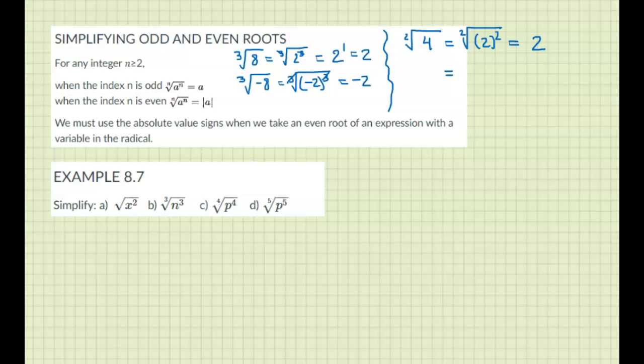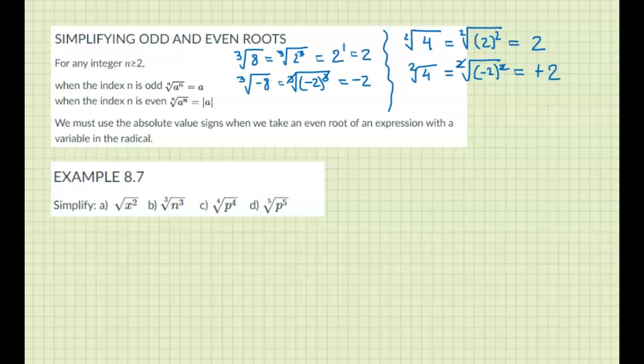But square root of 4, this 4 right here can also be written as parentheses negative 2 squared, because negative 2 squared is also positive 4. The answer is still positive 2, because we're still taking the square root of 4, which is positive 2. So we can get to the same answer from 2 different things. If this number is positive, then you get an answer of 2. But if that number is negative, you still get the answer of 2.